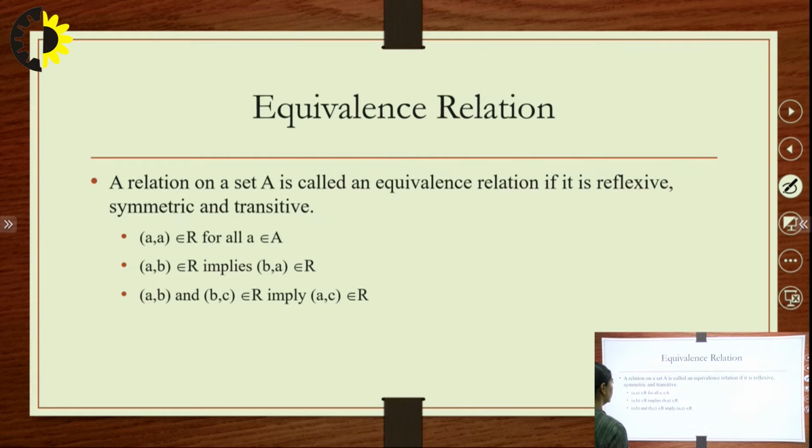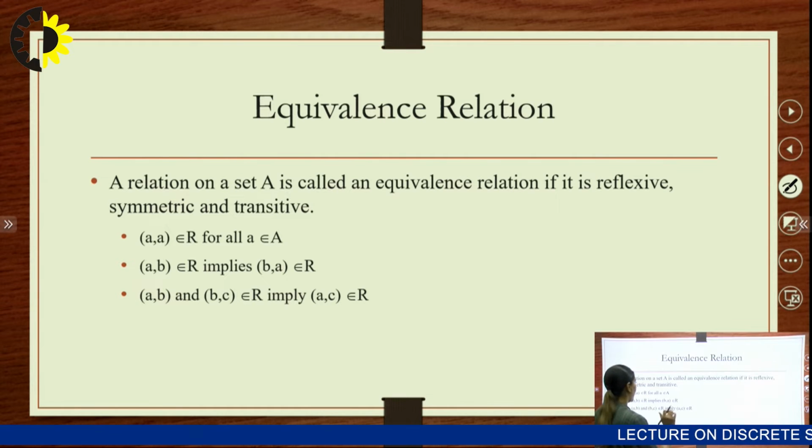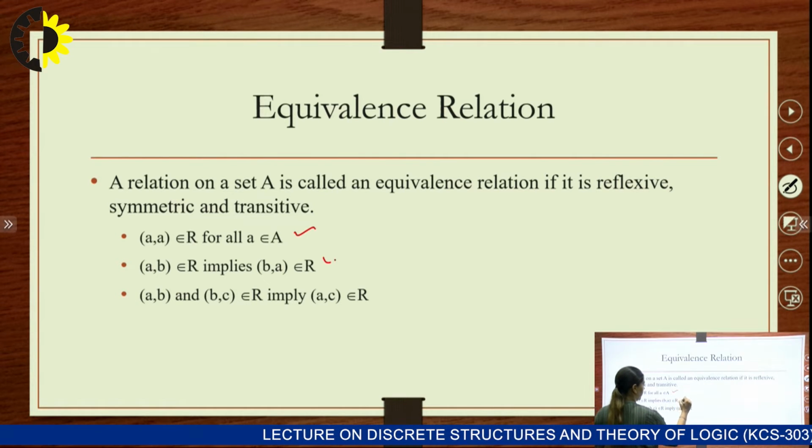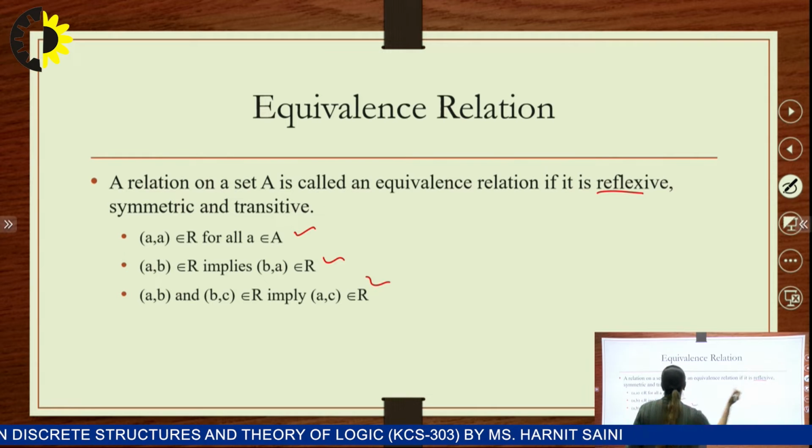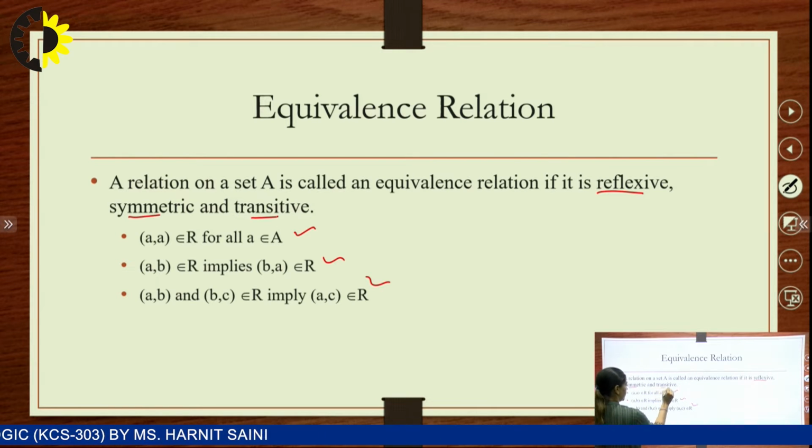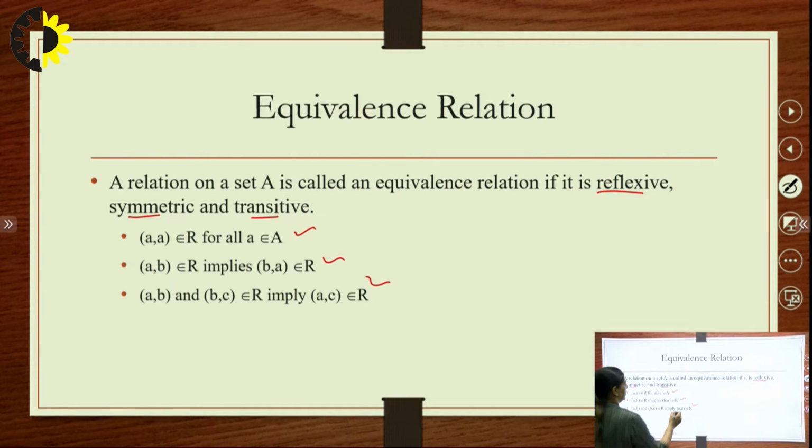Equivalence relation. If in a relation we find all three properties, reflexive, symmetric, and transitive, then the relation is called an equivalence relation, right? In a relation, if an element is related to itself, and if an element is related to some other element and that element is further related to the first element, then it is symmetric.